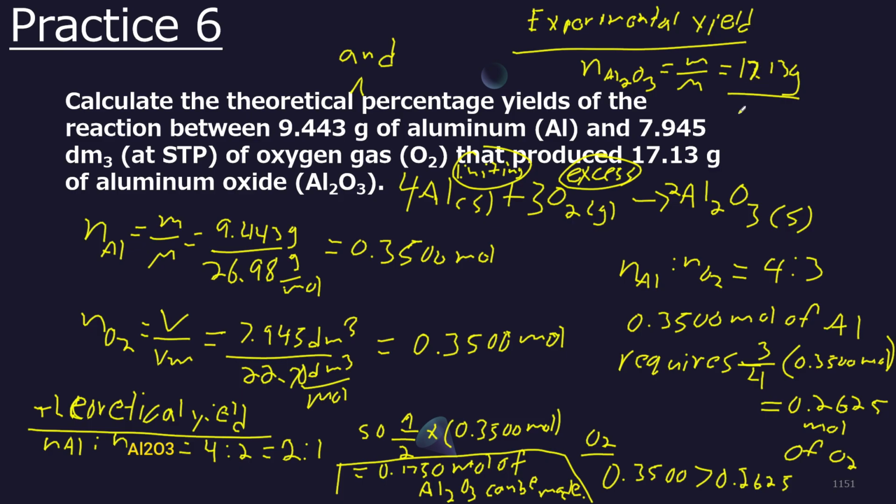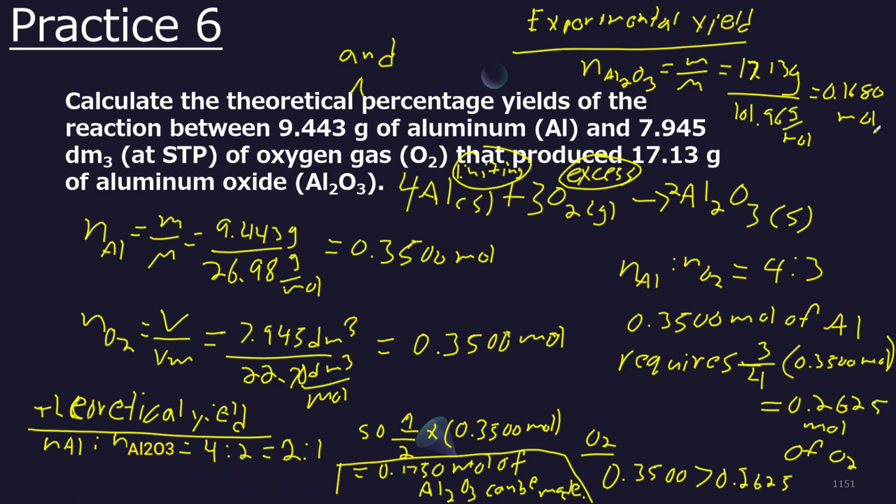And molar mass of Al2O3, 2 aluminums, 3 oxygens, is about 101.96 grams per mole. So this comes out to 0.168. So that's slightly less than the theoretical amount, right? So whatever happened in this reaction, somebody lost some mass, either from solid being stuck to containers or gas escaping, whatever.